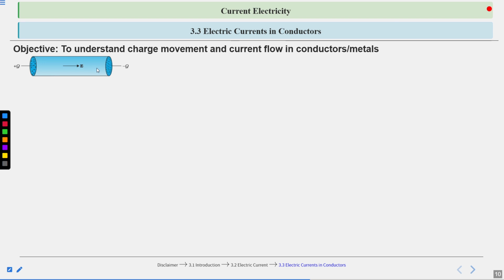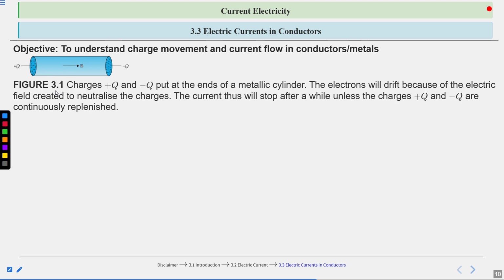Now we have come to section 3.3 of NCERT, electric currents in conductors. This is a cylindrical conductor having two dielectric discs on its ends. One disc is charged with positive charge, the other with negative charge. What is this figure showing?